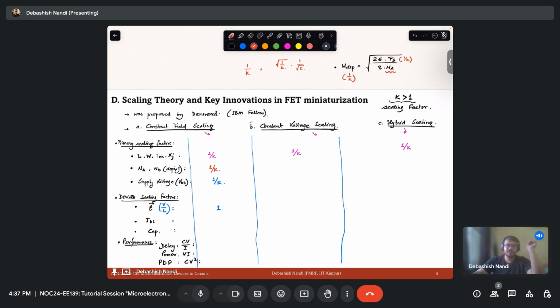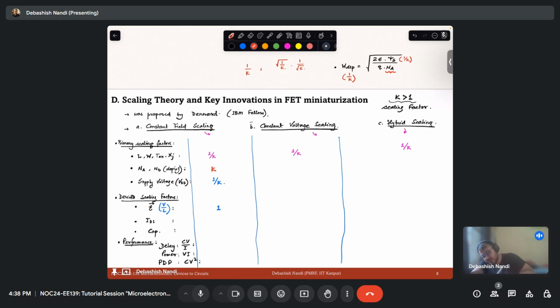Understand this very carefully. Your doping is in the denominator, right? So doping is scaled by K. So it is scaled up basically, not scaled down. So what about your IDS? Your W by L goes for a toss, and then there you have a voltage square dependency, right?